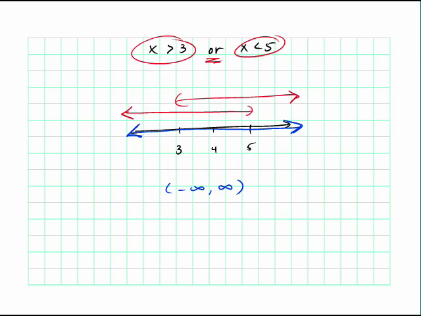And let's do one more example here. 6x minus 4 less than 2x, or negative 3x is less than or equal to negative 9. First thing we've got to do here is solve each one for x. So let's do that.